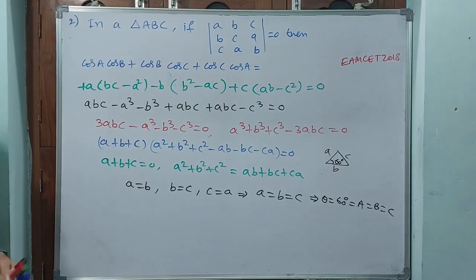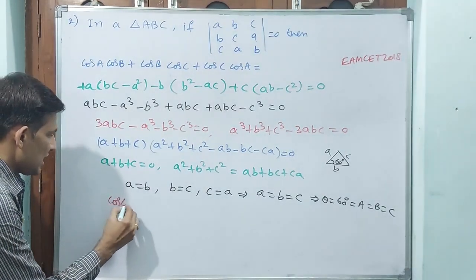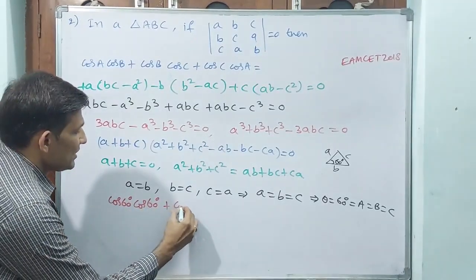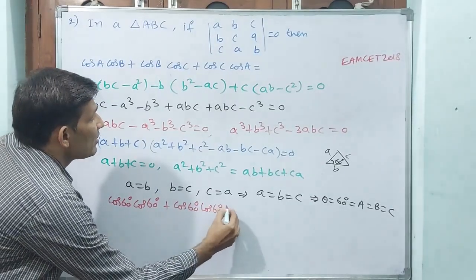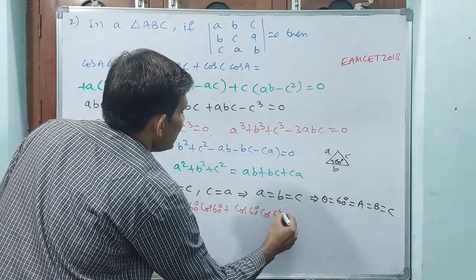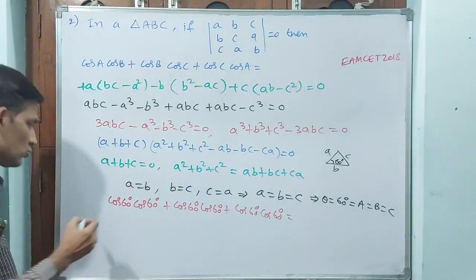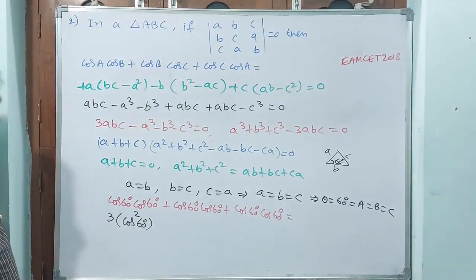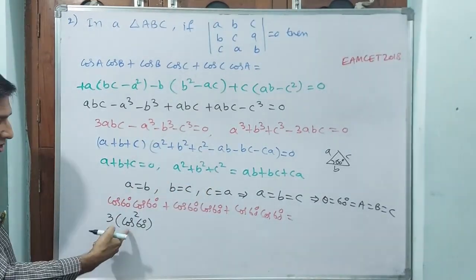Okay? Now substitute: cos 60° + cos 60° + cos 60°. That is equal to, okay, see, shall I write 3 times cos² 60°? 1, 2, 3, 3 times cos 60 cos 60, cos² 60.